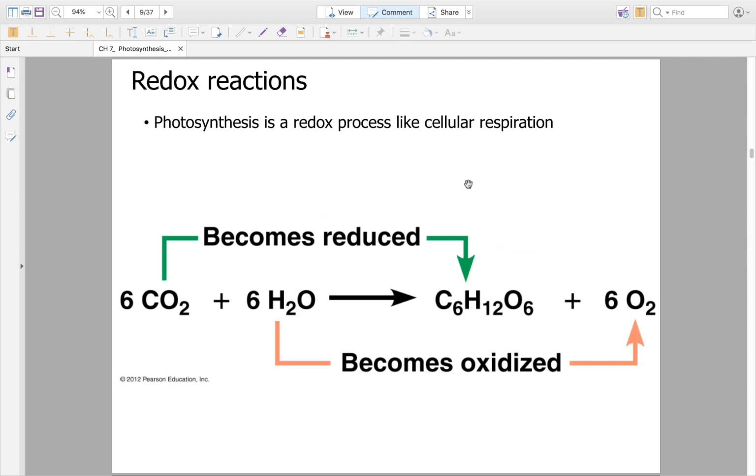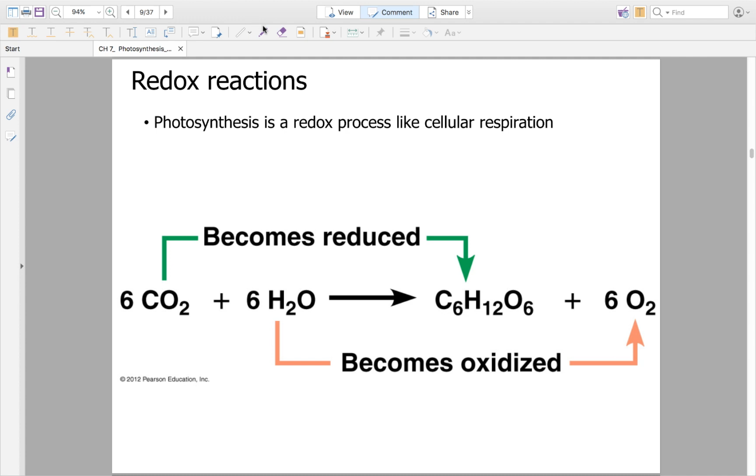All right. Now, remember redox reactions from our previous chapter. So the same thing's happening here, except it's different. We're having a reduction-oxidation reaction similar to cellular respiration. And when we are analyzing what's becoming reduced, what do we look for?